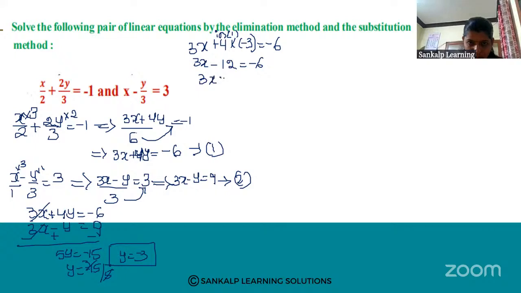Therefore, 3x is equal to, transferring this minus 12 to this side, minus 6 plus 12. That means 3x is equal to 6 you will get. X is equal to 6 divided by 3. 3 twos are 6. That is x is equal to 2 you will get. This is by using elimination method. x is equal to 3 and y is equal to minus 3 we are getting.